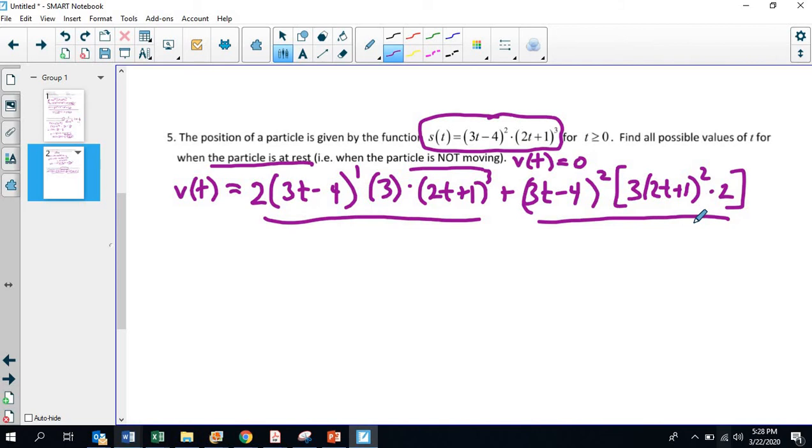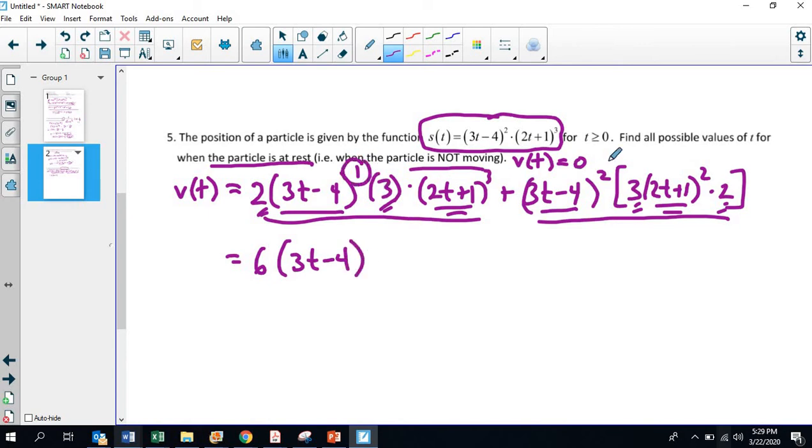Now, this is horrible, right? This is a big ugly mess, and if you try to multiply this all out, you'll never get anywhere. So what we do is we look at the common factors of the 3t minus 4 and the 2t plus 1. We also have a common factor of 6. If you notice, the 3 and the 2 is in common to both. And so we can pull out the 6. We can also pull out one of the 3t minus 4s.